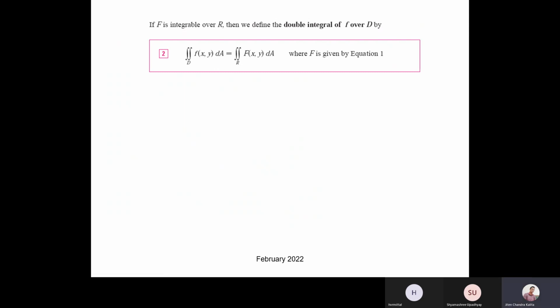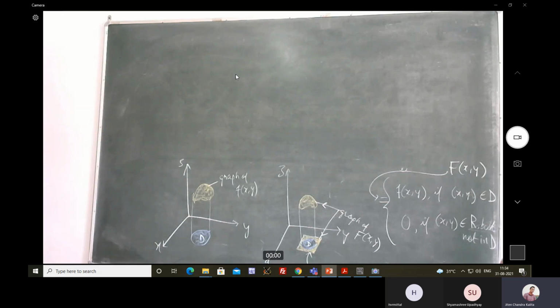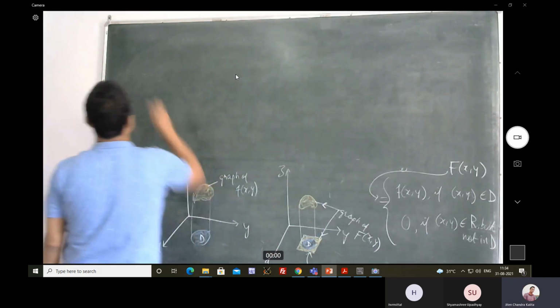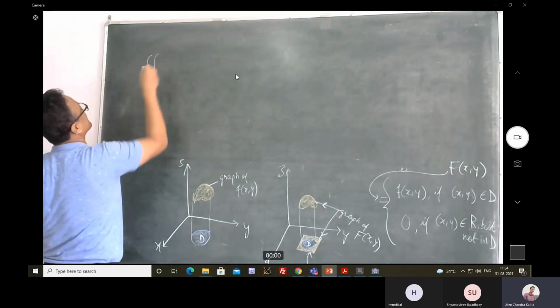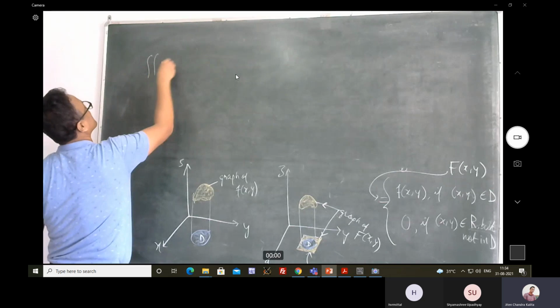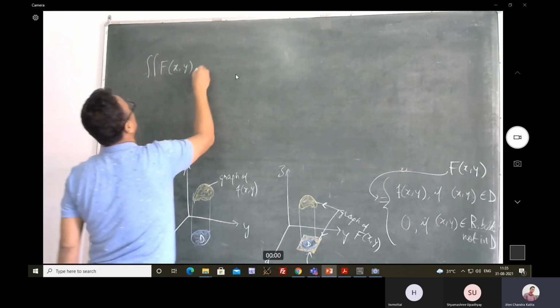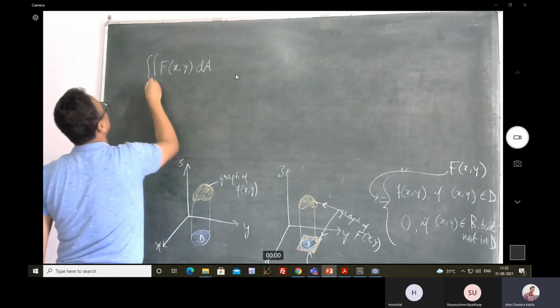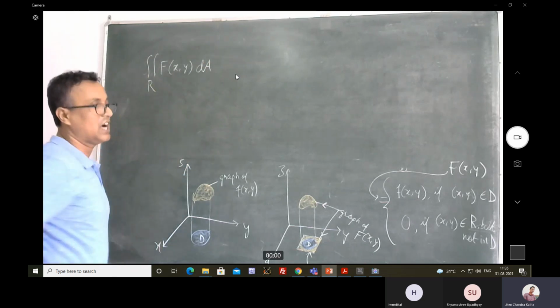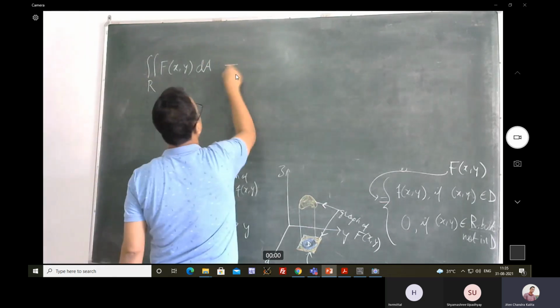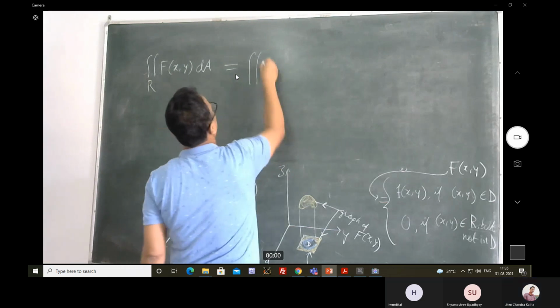Okay, so now, let me tell you what is happening here. Capital F of x, y dA over this rectangle R. So this is equal to what?